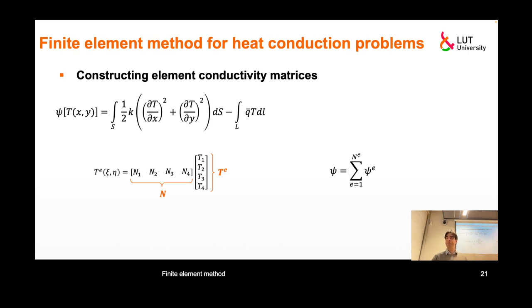Okay, let's try to see how it helps us to solve this heat conduction problem using variational statement. In variational statement, we have this functional that is used for variational formulation of my heat conduction problem.